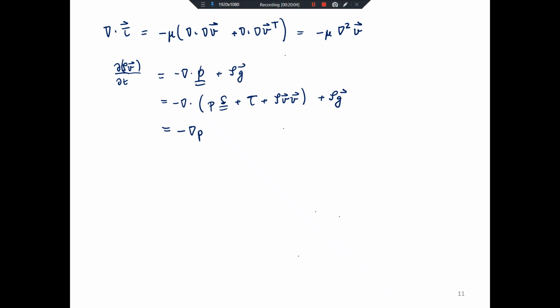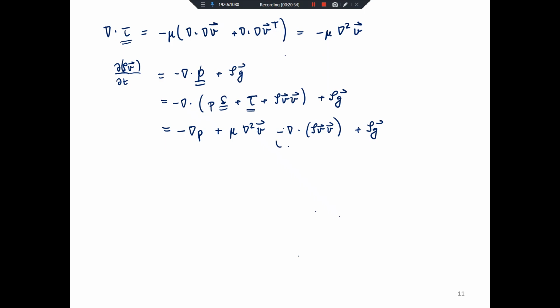The divergence of tau, and this is not a vector, tau. Again, me talking and writing problem. This is a tensor. So this is also a tensor. The divergence of tau is minus the gradient of P plus mu times the Laplacian of V, minus the divergence of rho vv, plus rho g.